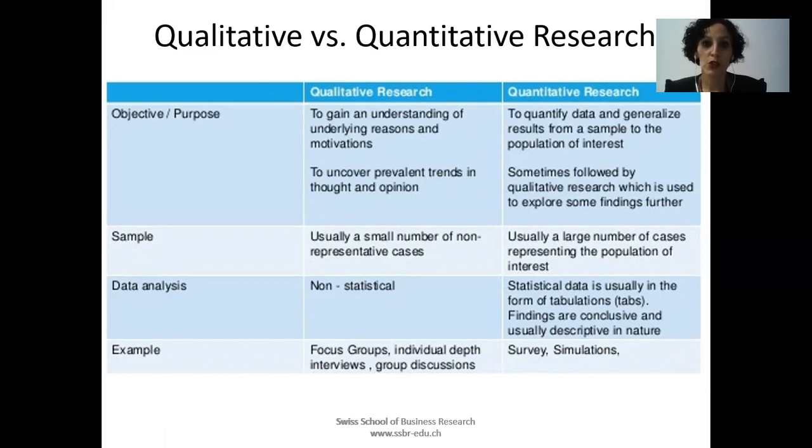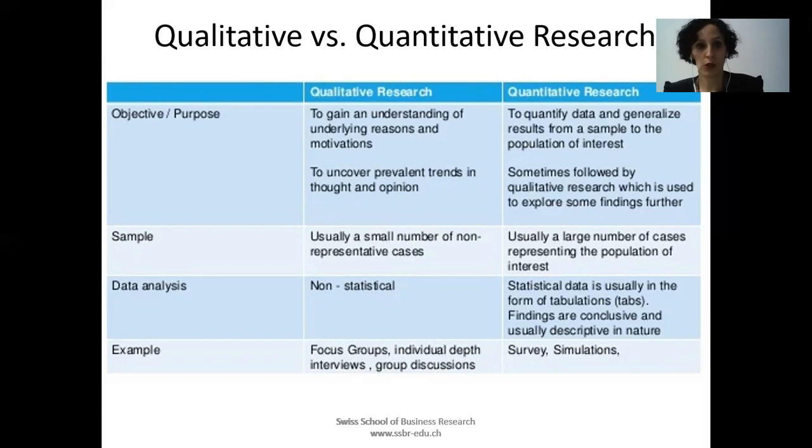For qualitative research, usually it's a small sample of people that are usually part of your target group, or part of the group that you want to research about. It's non-statistical. There are no numbers, so there's no statistics. And examples, as I already explained before, you have focus groups, in-depth interviews, group discussions, etc.